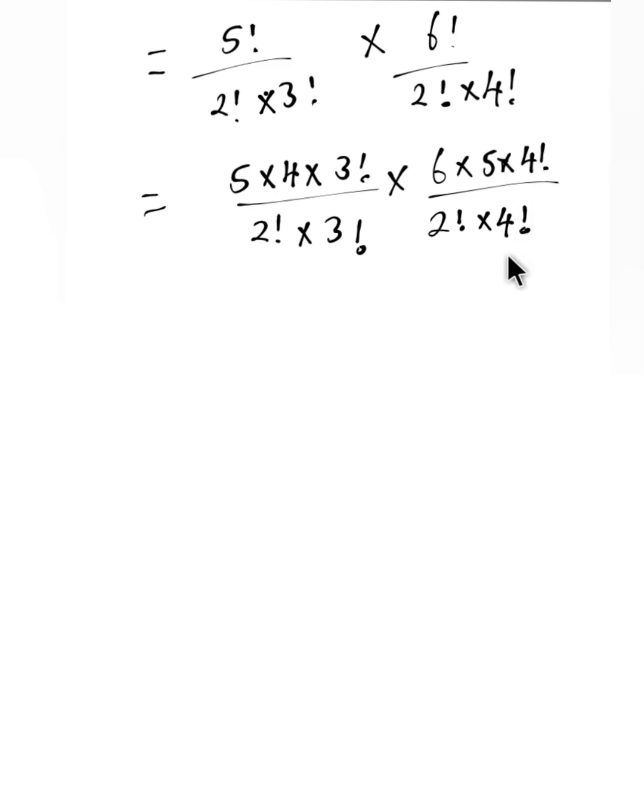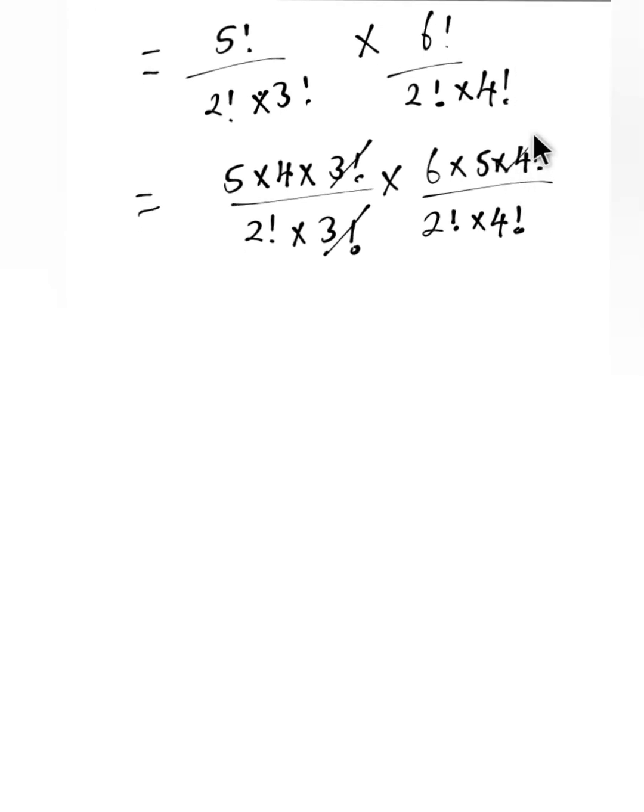We stop at 4 factorial because there's 4 factorial here. Of course, we cancel 3 factorial with 3 factorial, and 4 factorial with 4 factorial. So we'll be left with 5 times 4 all over 2 factorial, which is 2, times 6 times 5 all over 2.